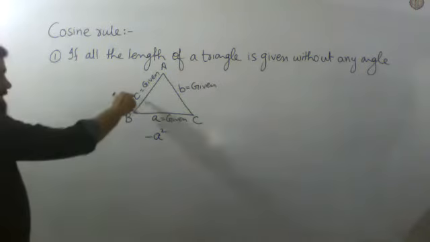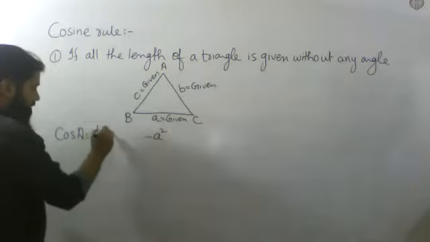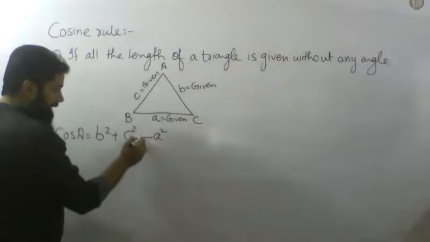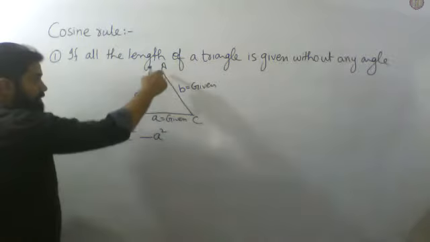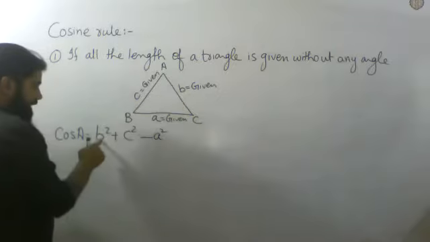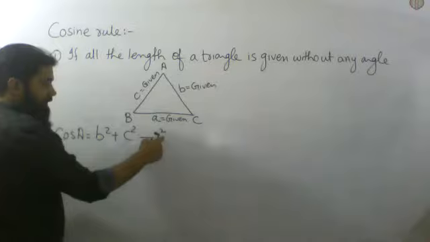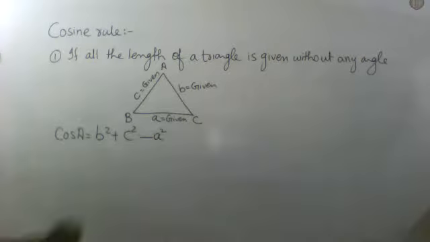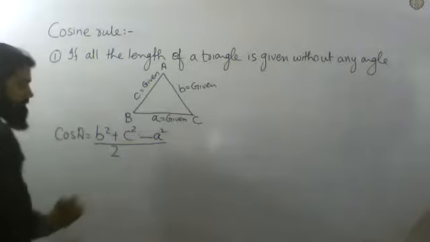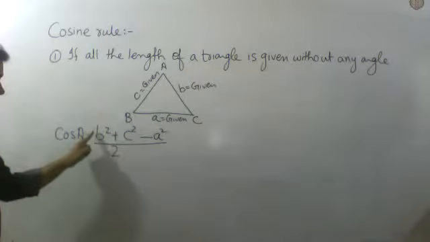Okay? The other two sides which are not opposite to the unknown one will be written in positive. This one will be written in negative, and the other two, which are not opposite to the unknown which I am trying to find, will be written in positive squaring, and the one which is opposite to A will be written in negative squaring upon 2 times the ones which are having squaring in positive form.